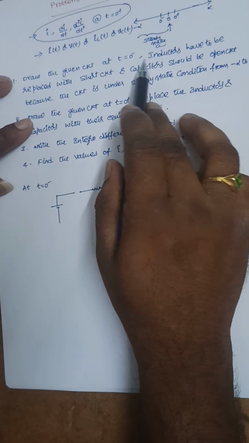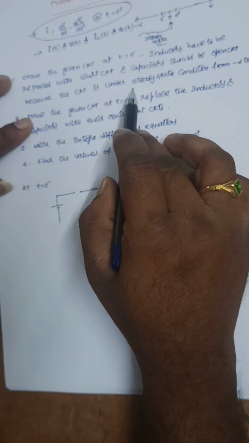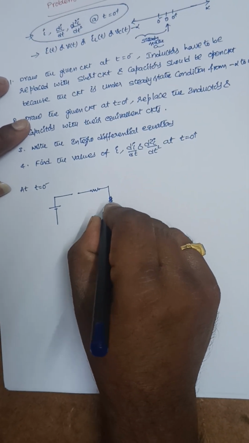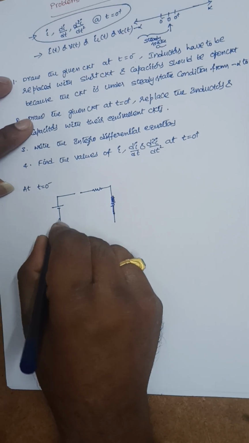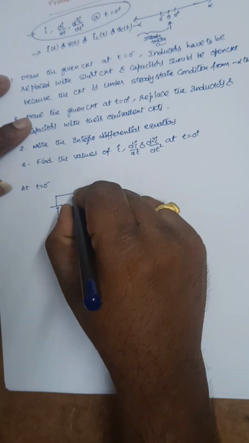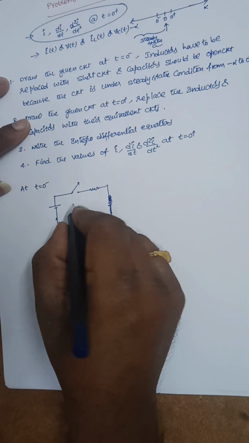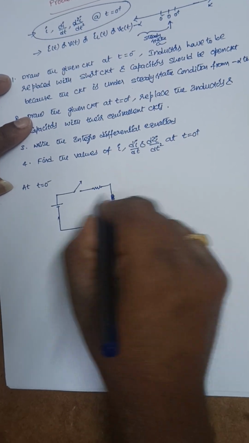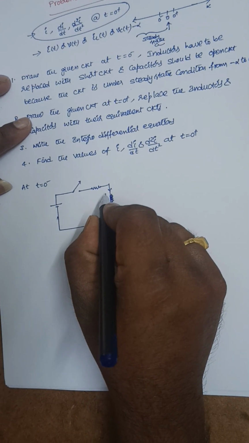Since at t is equal to 0 minus we are assuming that the circuit is under steady state condition, the inductors are replaced with short circuits and the switch is open. Now what is the current that is flowing through this inductor?